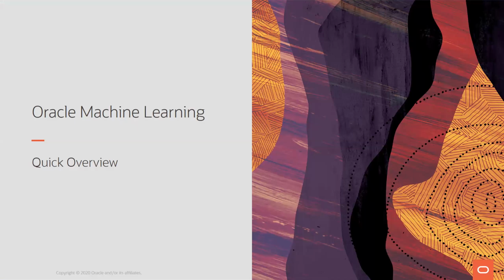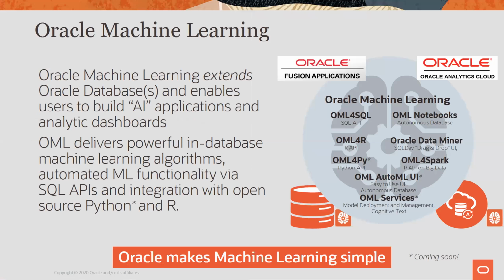But first, I'm going to give you a real quick overview of what Oracle machine learning is. Oracle machine learning is a free feature of the database. It became free on December 5th, 2019, along with Oracle Spatial and Oracle Graph. It extends the database and enables users to build AI, whatever you mean by, air quotes, AI, applications and analytic dashboards.